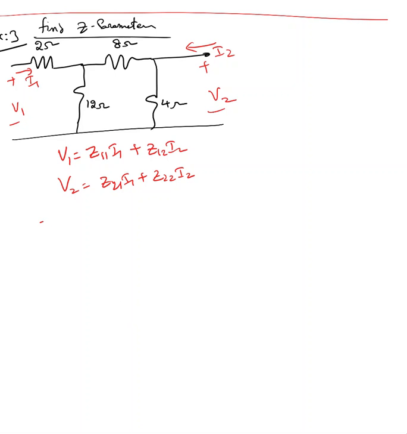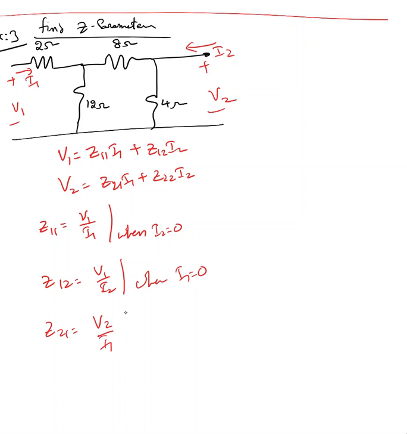So to find Z11, it's V1 over I1 when I2 equal to 0, and same way Z12 equal to V1 over I2 when I1 equal to 0, and Z21 equal to V2 over I1 when I2 equal to 0, Z22 equal to V2 over I2 when I1 equal to 0.